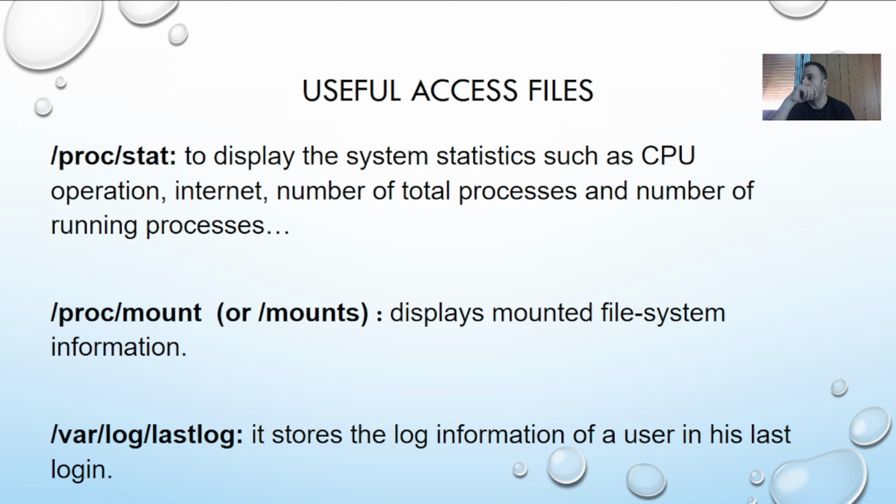Now you have other useful files such as /proc/stat. proc is the directory in which you have stat, a file that contains system statistics such as CPU usage, CPU operation, network usage, packet flow, number of total processes, and number of running processes. /proc/mounts is another one, which displays the architecture of the mounted file system, information about the different drives that are mounted in the system.